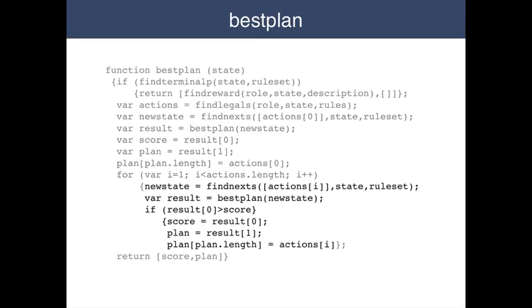For each, it computes the next state, gets the best score and best plan for that state, and it compares the score to the best score it's seen so far. If the score is better, then it saves that score and the corresponding plan with the action that got it there appended to the end. After all the actions are executed, bestplan returns a pair of the best score and the best plan.